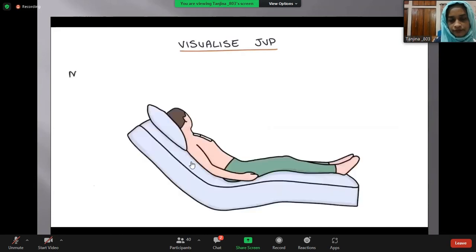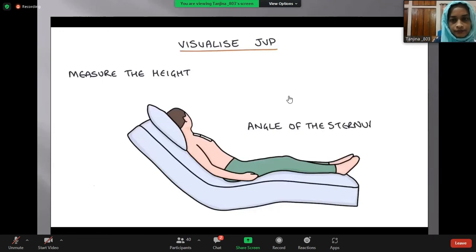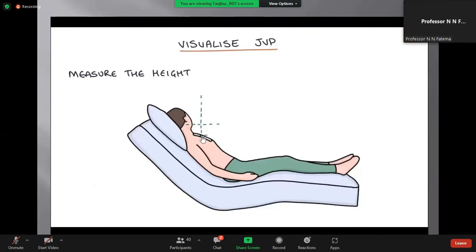Then measure the height of the jugular venous pulse. This is the sternal angle, called the angle of Louis. Place the centimeter ruler at the point of the angle of the sternum. See the visible pulsation in the neck, place a card at the height of the pulsation, make a right angle, and measure the vertical height from the sternal angle.